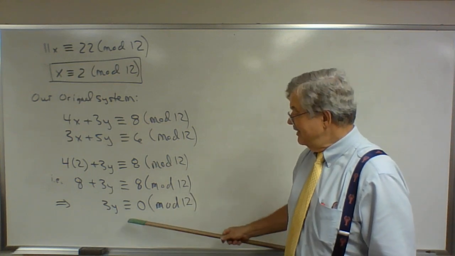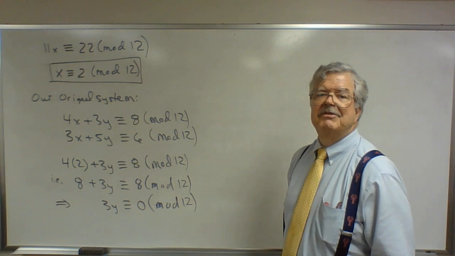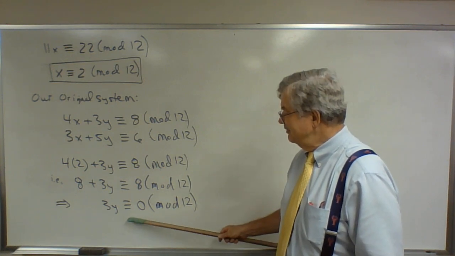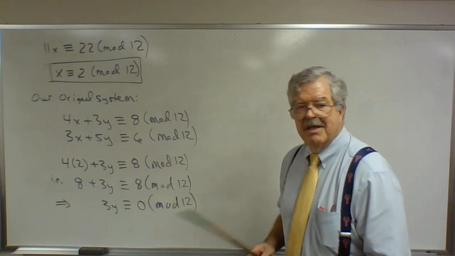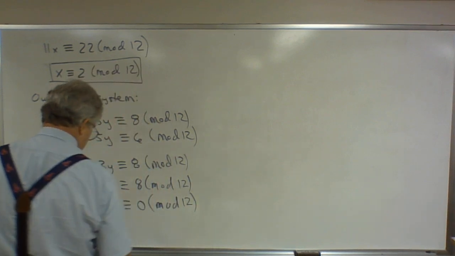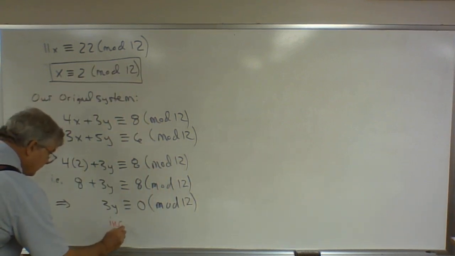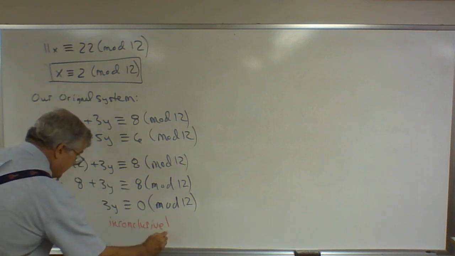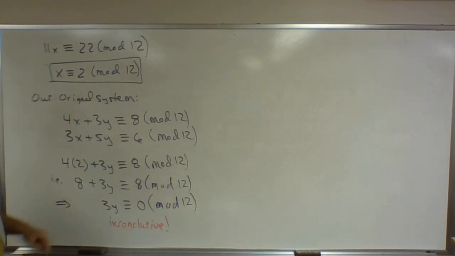So I can't divide both sides by 3 and be certain that I haven't compromised the original sense of the congruence. So this is inconclusive because 3 and 12 are not relatively prime. I can't just whimsically divide both sides by 3 and say y is congruent to 0.